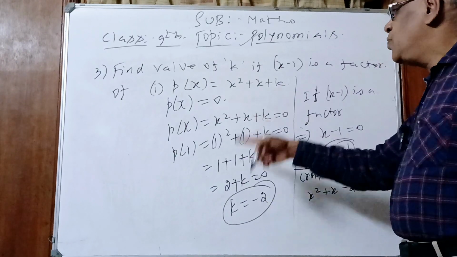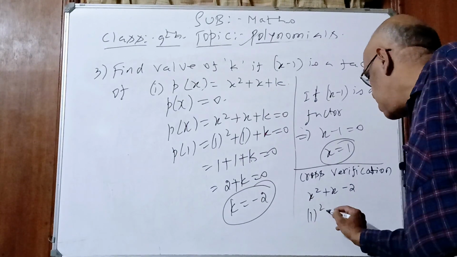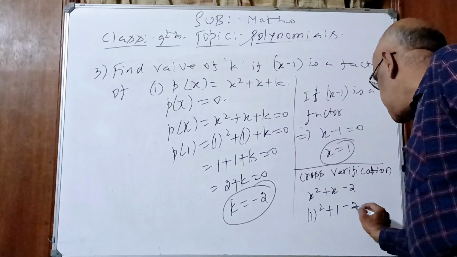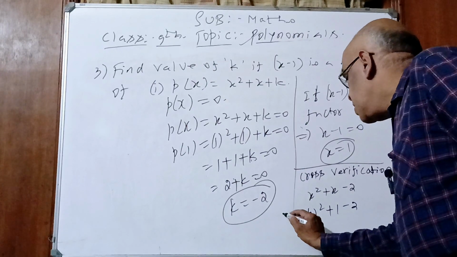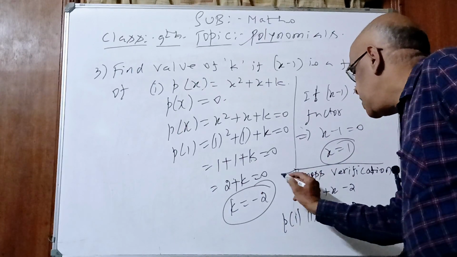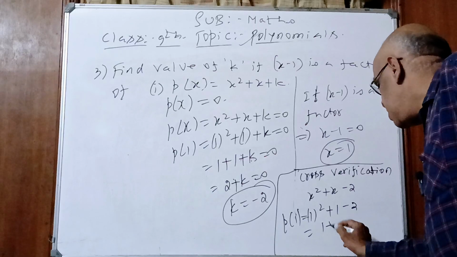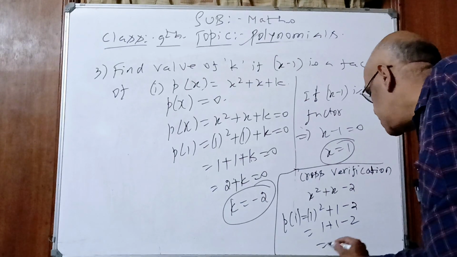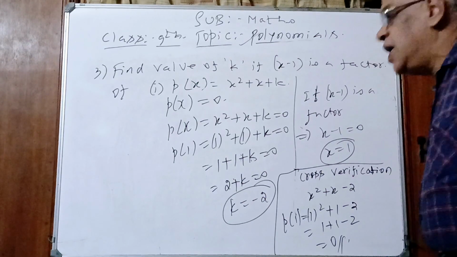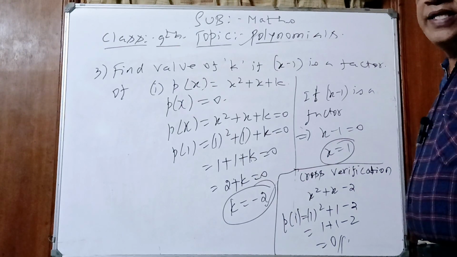Then put 1. 1 square plus 1 minus 2. We are checking for P of 1. What do we get, children? 1 square plus 1 minus 2, which is equal to 0. Yes or no? Therefore, k is equal to minus 2 is the right answer.